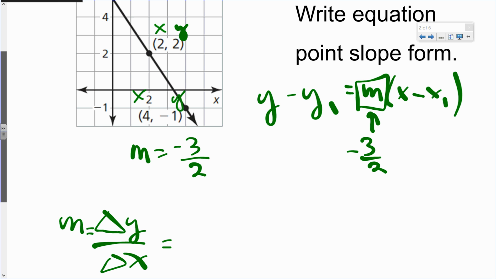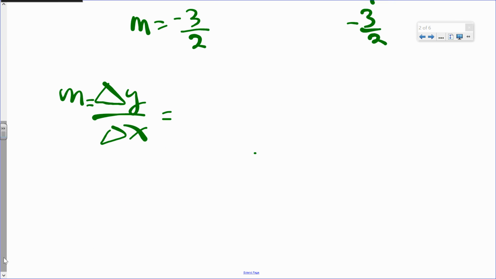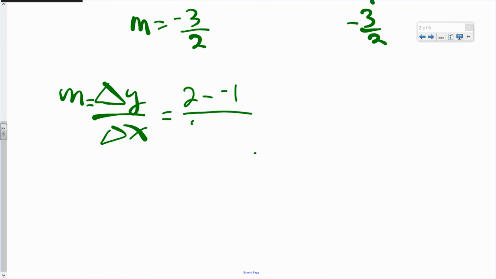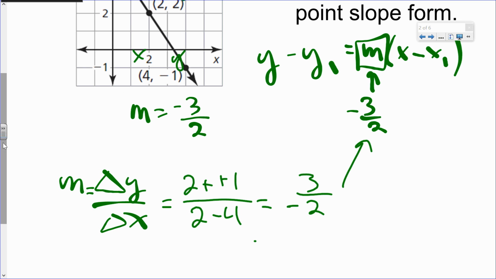So let's go 2 minus a negative 1 for my delta y, and then 2 minus a 4 for my delta x. See what happens there. This becomes plus. I got 3 over 2 minus 4 is a negative 2. Look at negative 3 over 2. There it is. Same thing. Negative 3/2. It doesn't matter if the negative is on the top or bottom. It makes the whole fraction negative.